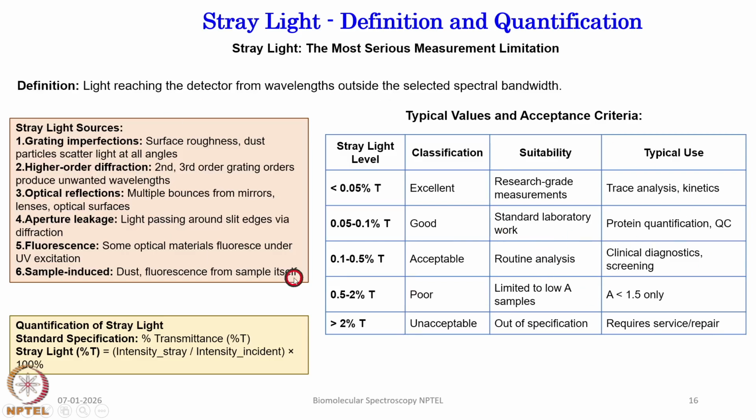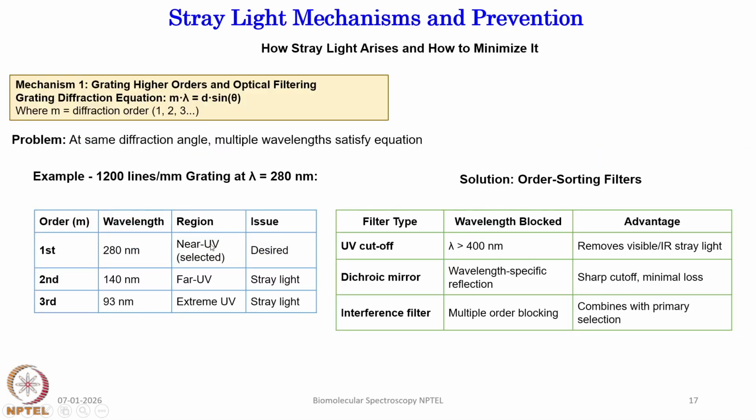Stray light can come from anywhere: grating interference, higher order diffraction, since it is an optics-based experiment, optical reflection, aperture leakage, fluorescence, and sample-induced effects. Dust or fluorescence from the sample can lead to error, so this has to be taken care of in the calibration and making of the instruments.